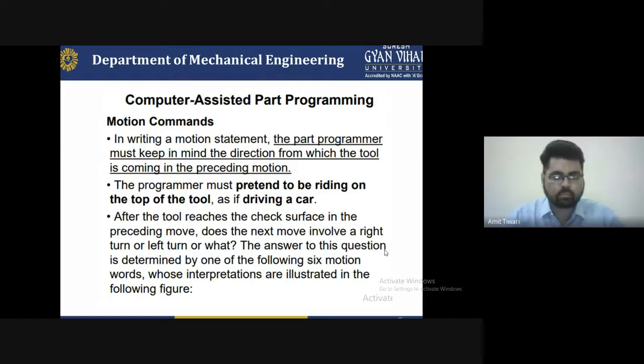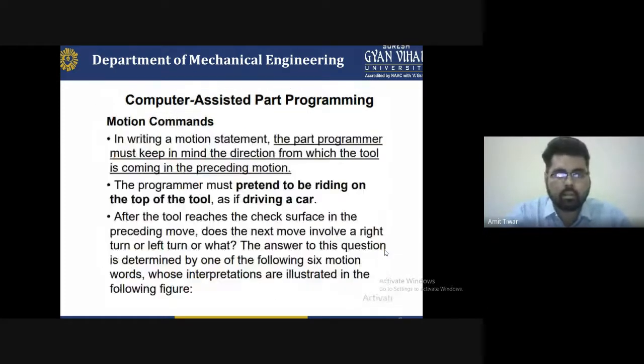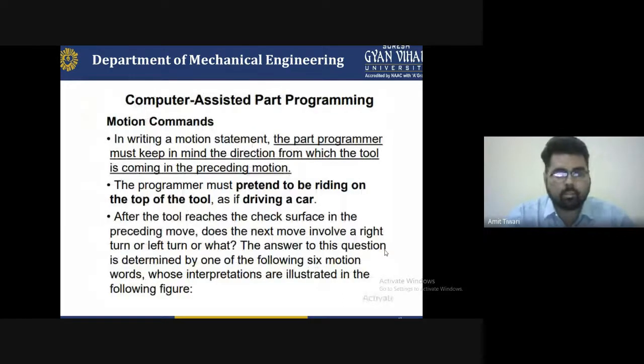Now in the second diagram that you can see here, in writing a motion statement in the motion command, the programmer must keep in mind the direction from which the tool is coming in the preceding motion, and the programmer must pretend to be riding on the top of the tool as if driving a car.